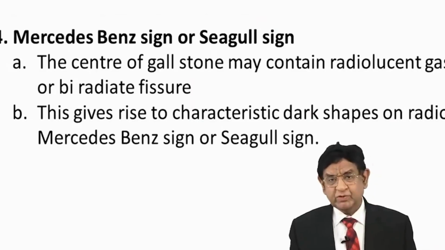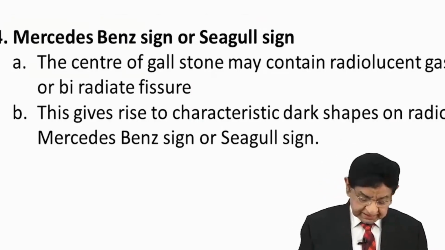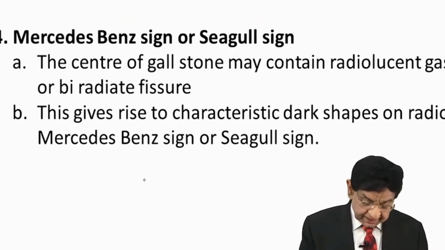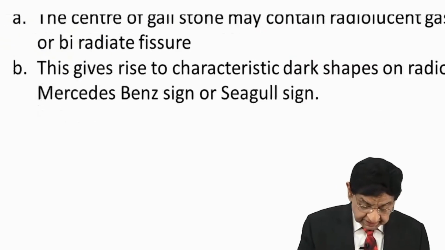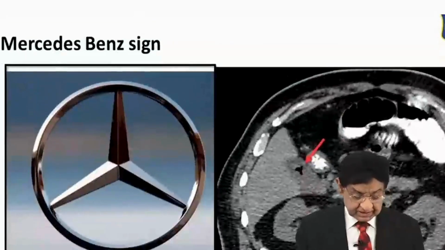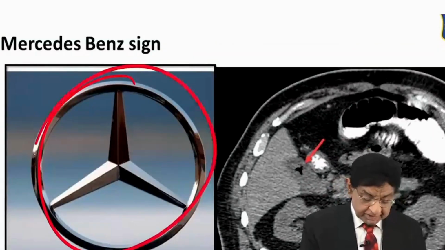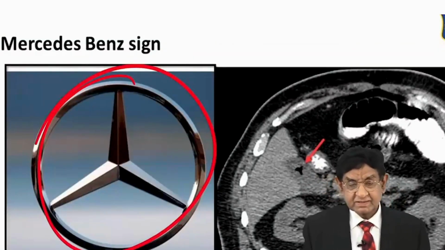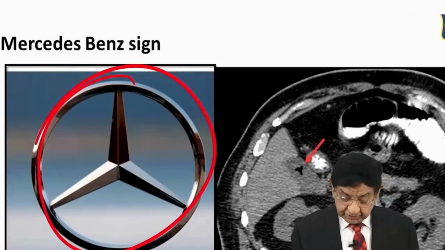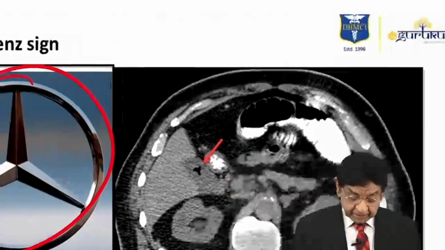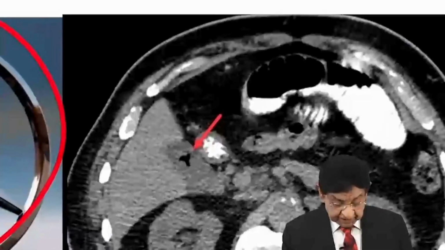What is that? When you are doing an X-ray, you can see a shadow like this. This is the popular Mercedes-Benz car, and you can see a similar type of shadow here, maybe in CT also, maybe X-ray also.